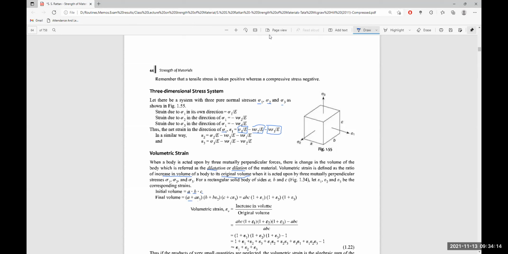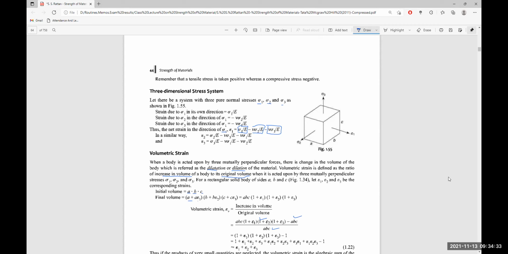So volumetric strain is the increase in volume divided by the original volume. This is the final volume, and if you subtract the initial volume from it, you will get the increase in volume. Thus: final volume minus initial volume divided by the initial volume itself.